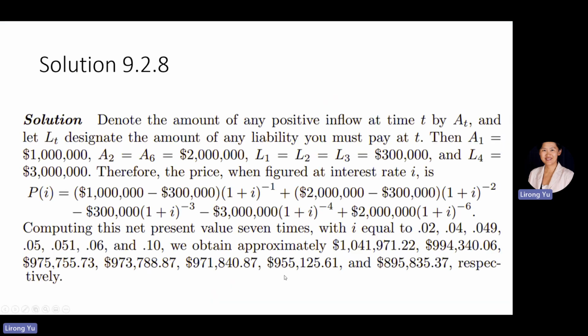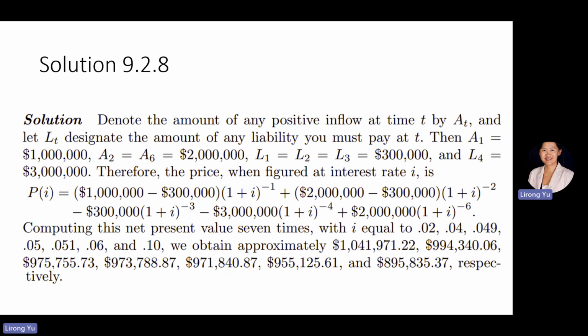So just so we can be clear of the price function, P(i) is given here. Now we can calculate for different values of the interest rate i. We plug into this function and we're able to get the value, and you can see all these values. We've done the first assigned question.